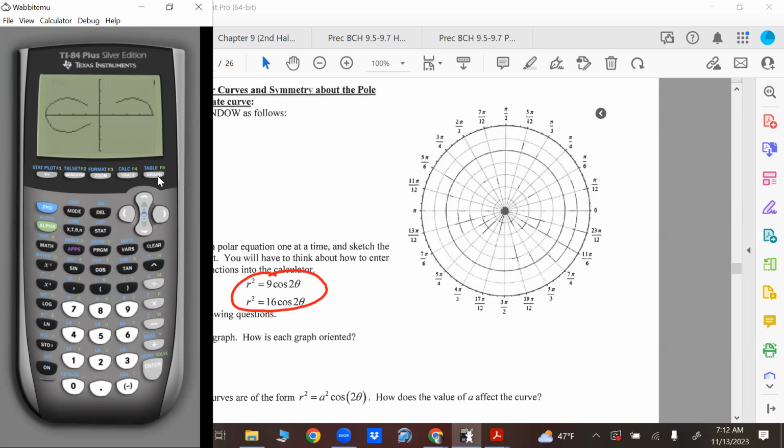So you see it's going to be a little bit wider. And there you go for that one. So let's go ahead and put this into the polar curve here.